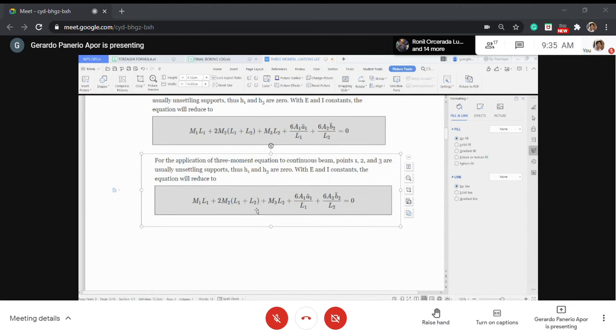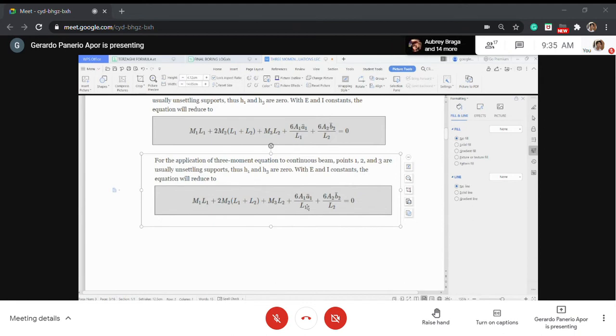M1 refers to the moment at point 1. If you wish not to use numbers, you can use letters, so that could be MA, MB, MC. But here we just use numbers.